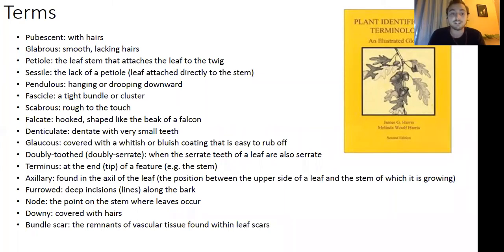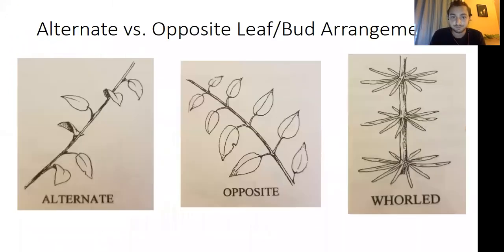I just want to mention that when we refer to the tip of a leaf, we usually call it the terminus, or if we're referring to an axil of the leaf in reference to a bud specifically, we'll use the term axillary. But again, I'll get into this more in a future slide.